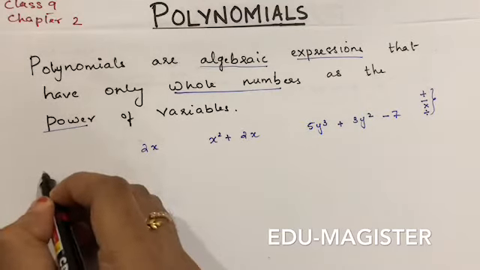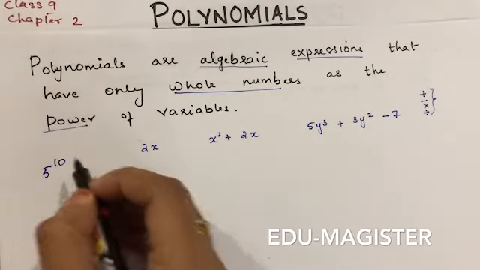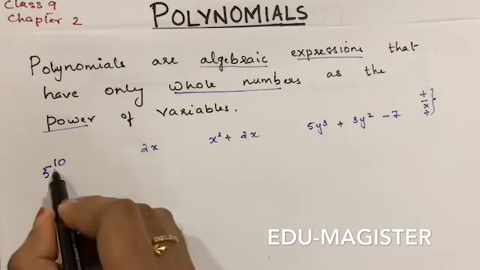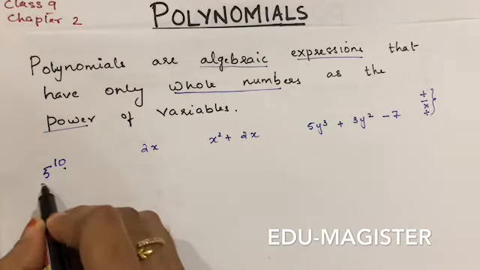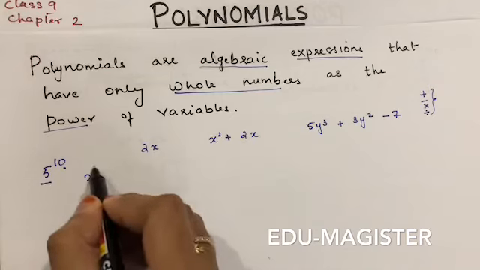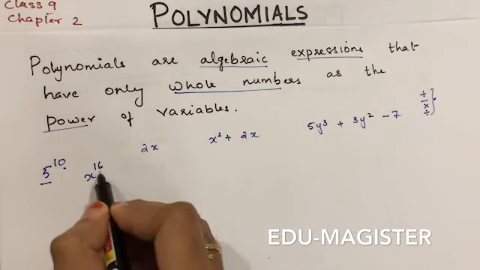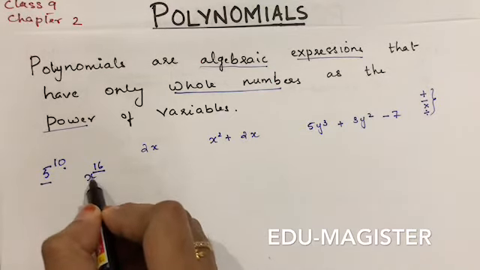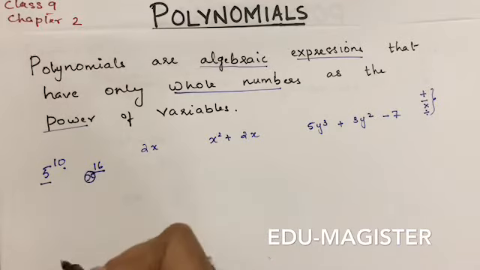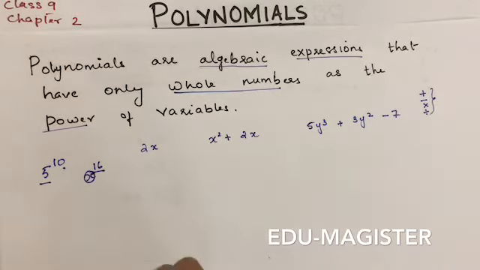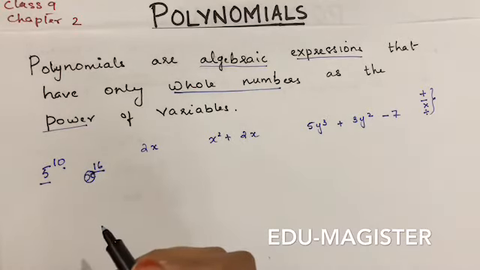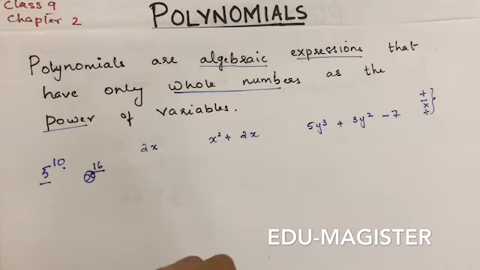For example, if I write 5 raised to 10, here 10 is the power of 5. If I write x raised to 16, here 16 is the power of x. Alright, now let me write few algebraic expressions and we shall see which of them are polynomial and which are not.